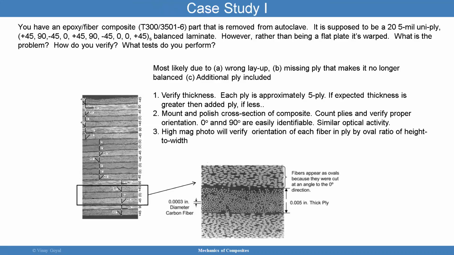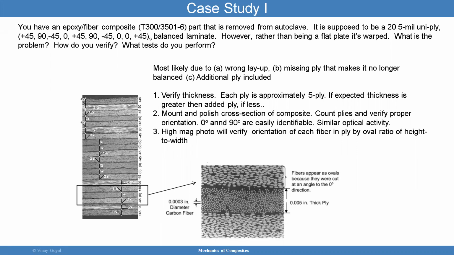So let's look at case study number one. We have an epoxy fiber composite, T300. T300 is a fiber system, and 35016 is the epoxy part that we're talking about there. And in this scenario, what we're looking at now is that the part is removed from the autoclave, and it is supposed to be a 5 mil uniply.